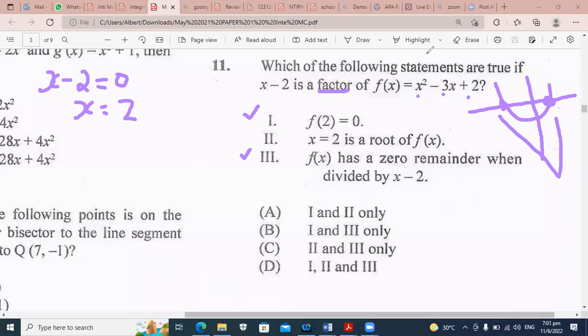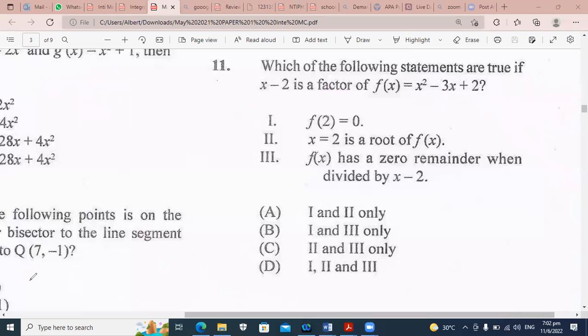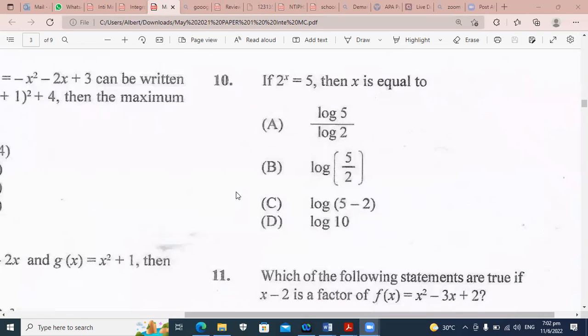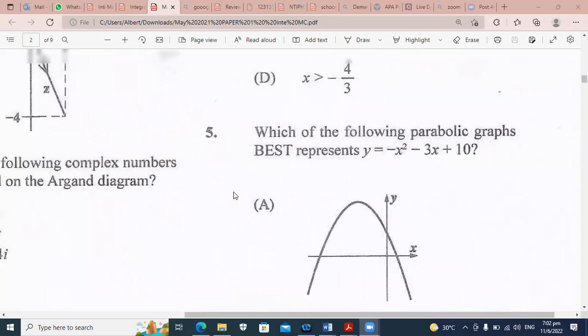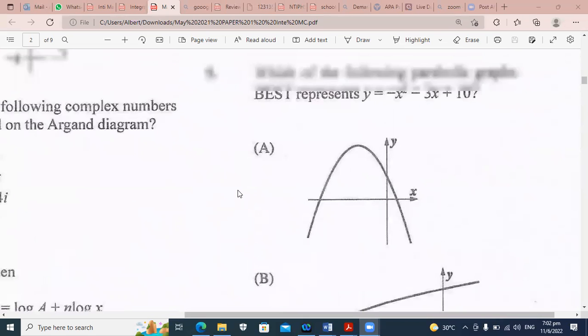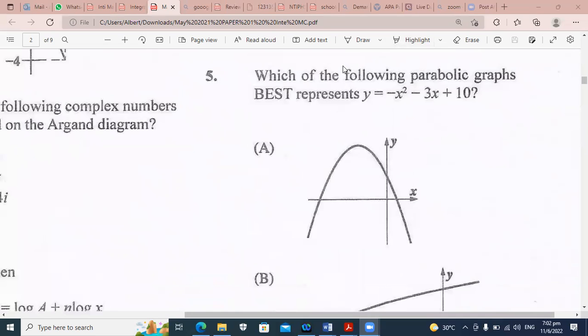Let me backtrack a little bit before I answer it. Let me go back to the question that we did a while ago. Do you remember this question?